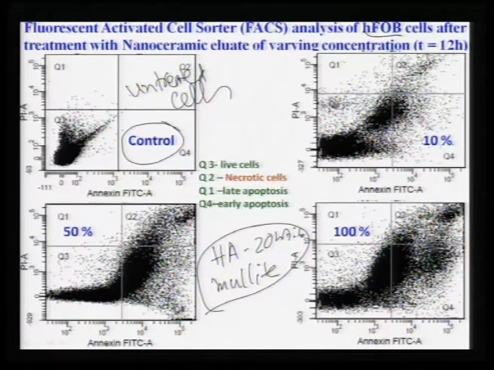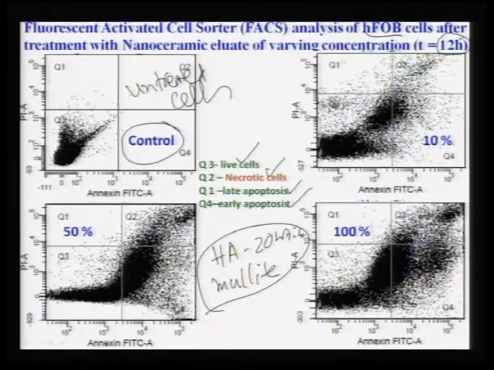When HFOB cells are treated with H20M eluate, then after 12 hours, what are the fractions of live cells, necrotic cells, late apoptosis cells and early apoptosis cells? You can distinguish them using the FACS machine, and these are the results.